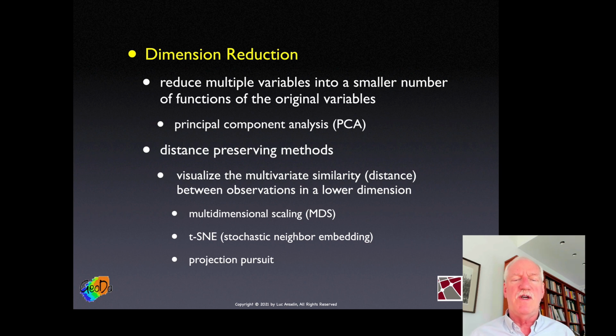One example of this, and a very common example, is principal components analysis. Principal components are essentially replacements of the original variables. They are functions of the original variables. In fact, they're a weighted average of the original variables, but they capture a large part, in fact, the largest possible part of the variance embedded in the original variables.